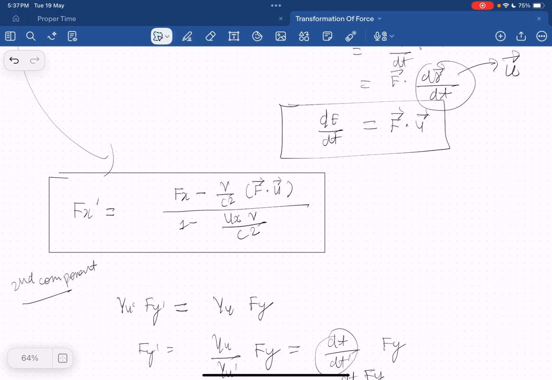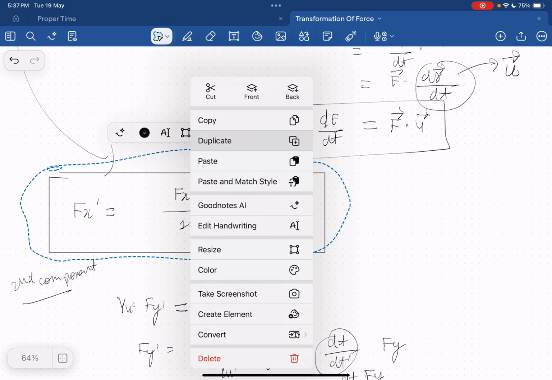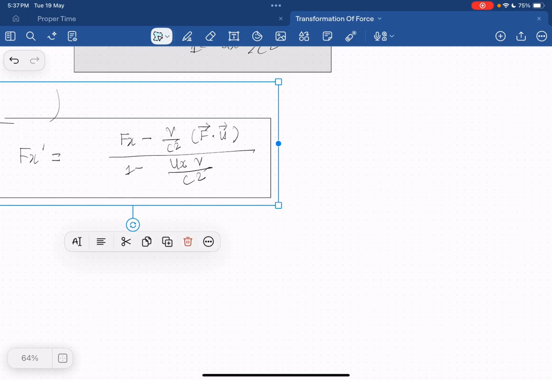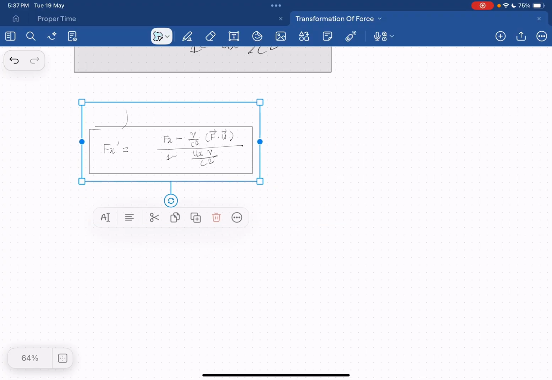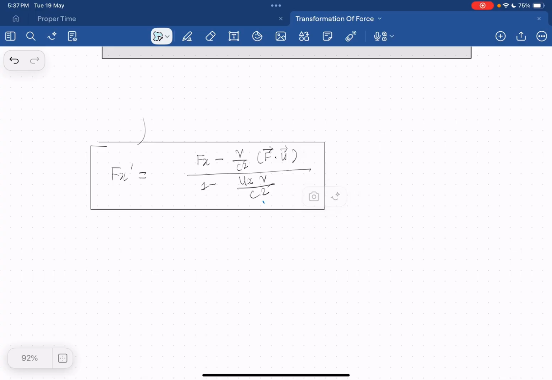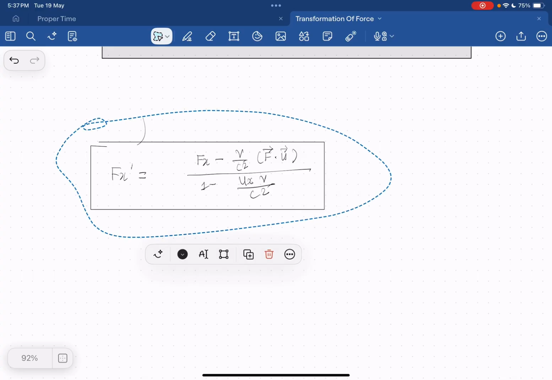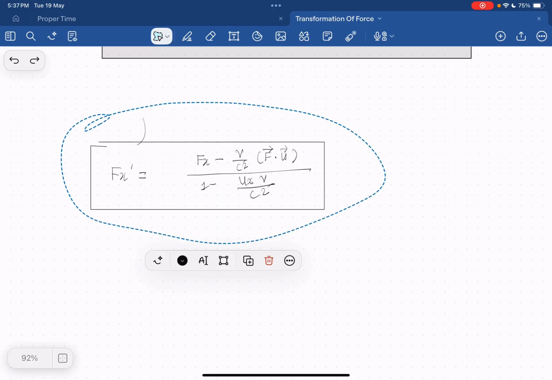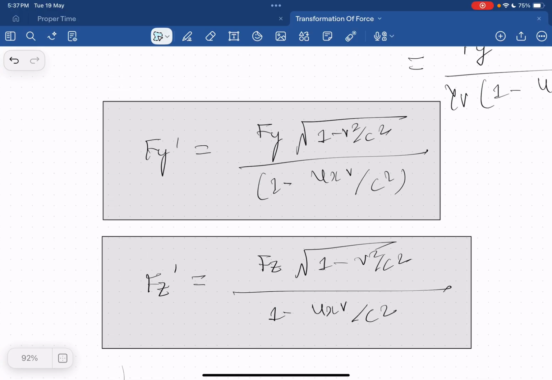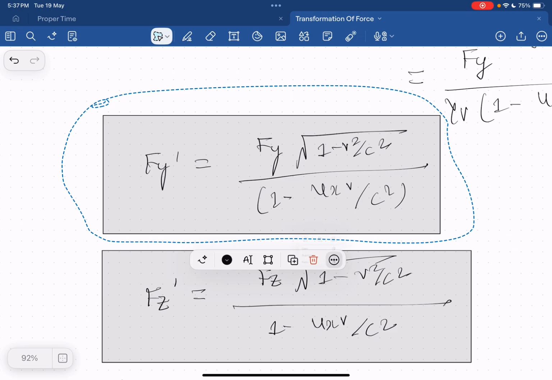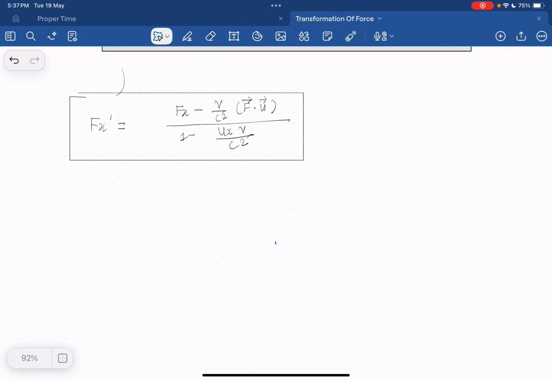If we were to collect it at one place, then we can write it as, let's collect it at one place. So this is the transformation relation for the x component, and for the y component, this is the transformation relation.